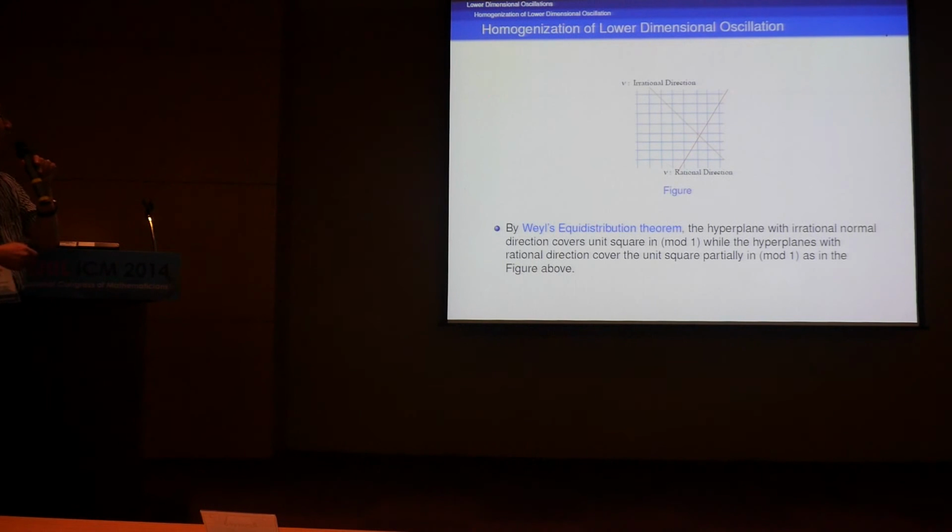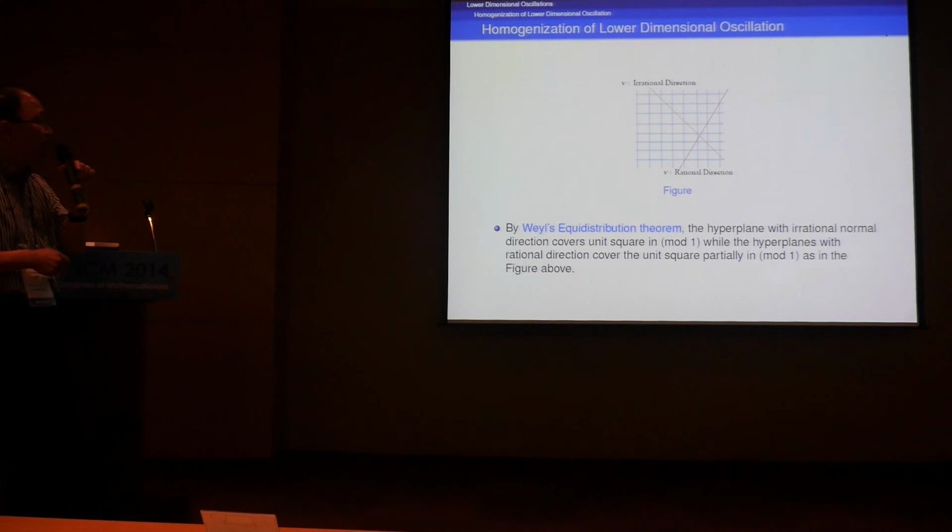So what about the higher dimension? There is a rational direction and irrational directions. If my normal vector to the hyperplane is a rational direction, then, as you see here, I start from here, then I come back here in the model 1 picture.